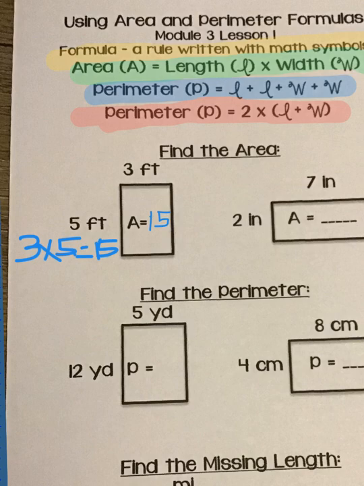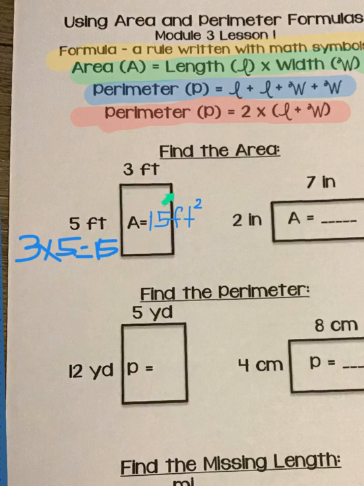It's not just 15 feet that is inside here. It's 15 feet squared, okay? Meaning there's 15 boxes inside this box right here. The area that this takes up is 15 square feet. Okay, so there'd be 15 boxes.